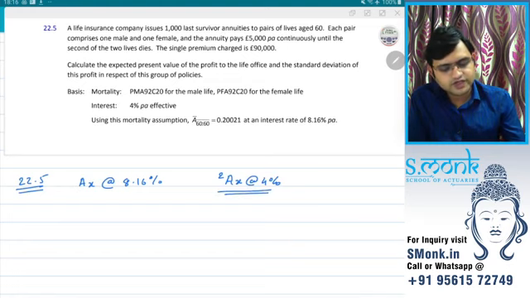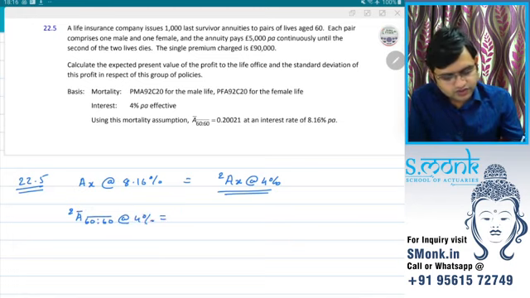So it is 2A_x at 4%. These two will be the same. So what they are talking about is they have given us 2Ā_{60:60} at the rate of 4%. This is given as 0.20021. This will be used for finding the standard deviation, right?